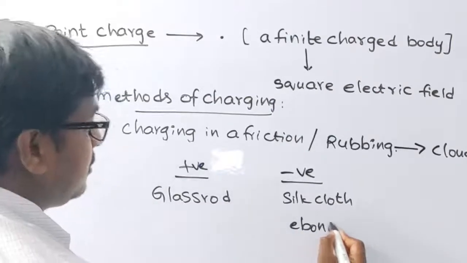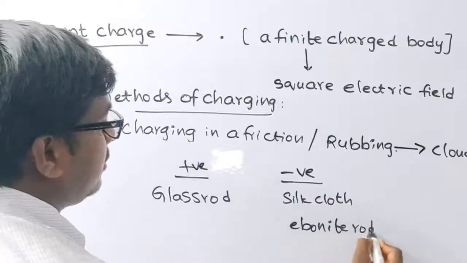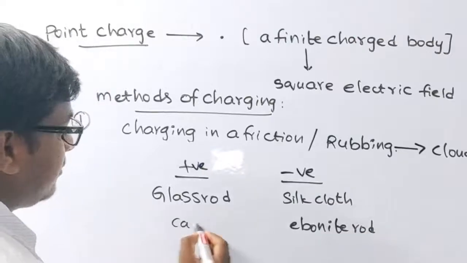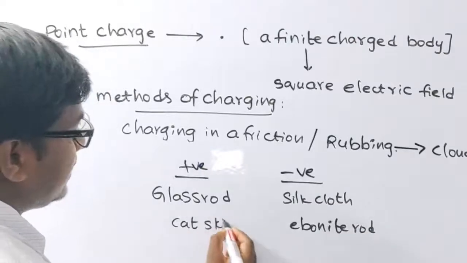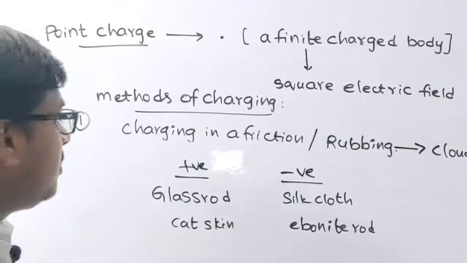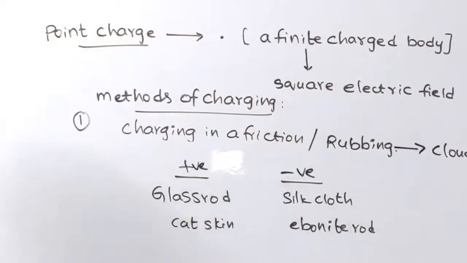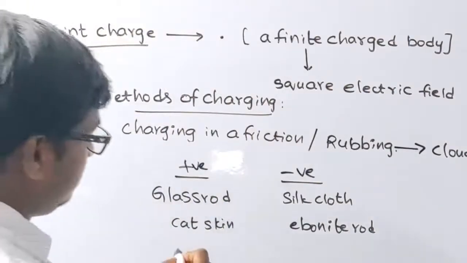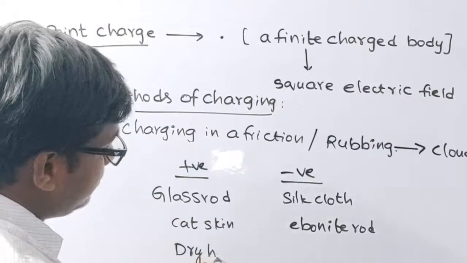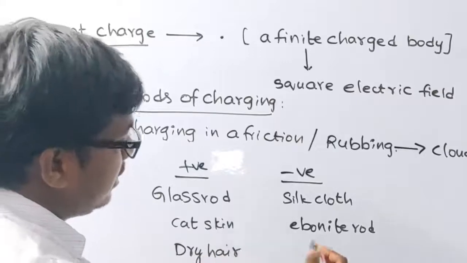Ebonite rod, negative charge, and cat skin, the positive charge. The next best example is dry hair. Dry hair is the positive charge and the comb is the negative charge.